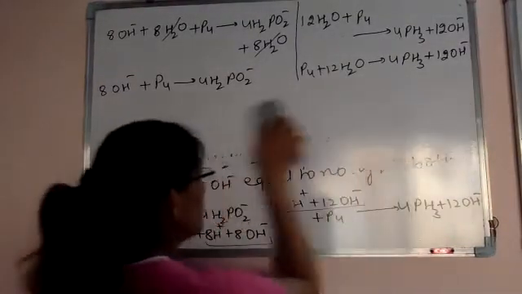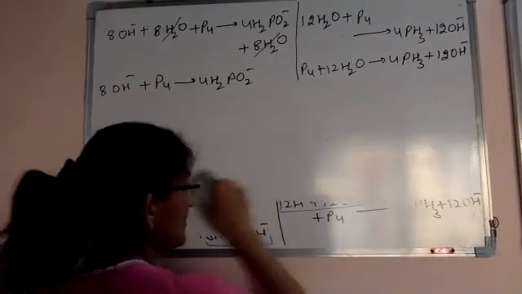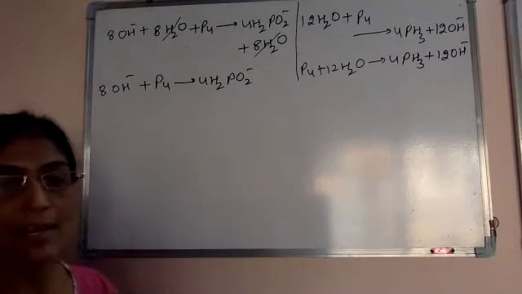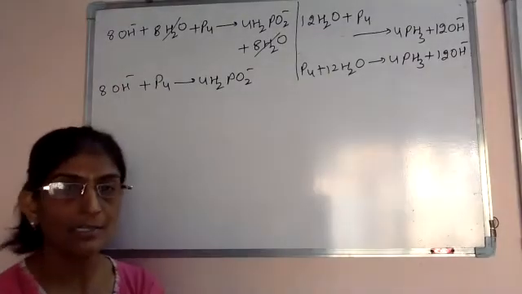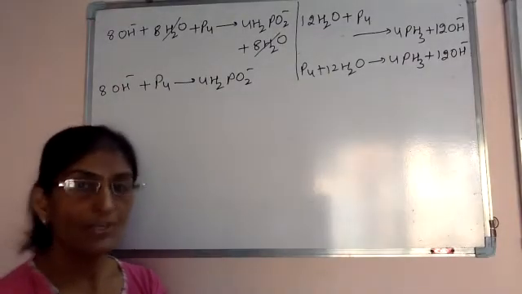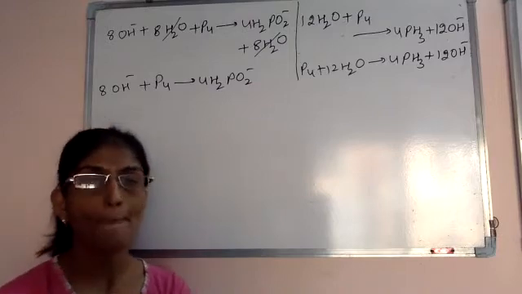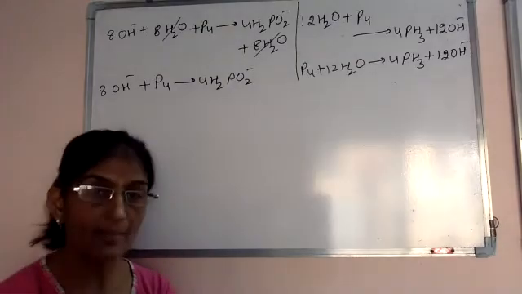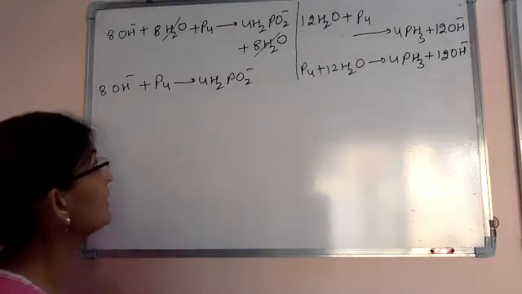Now the next step. If H2O is on both sides, we can cut it, just like in an algebraic equation when x is on both sides we can cut it. If y is on both sides we can cut it. So similarly, 8H2O cut. Now comes the last step, that is to balance charges by adding electrons.